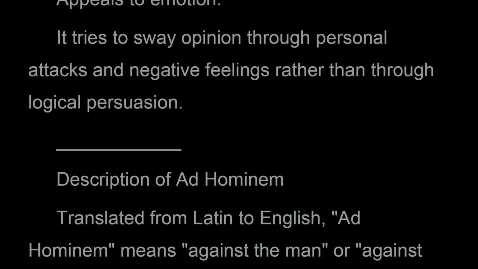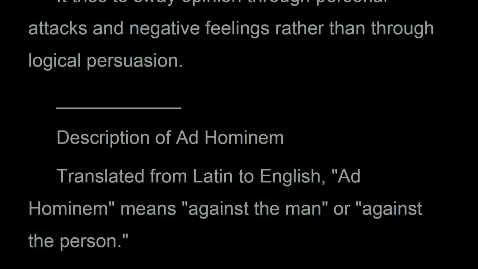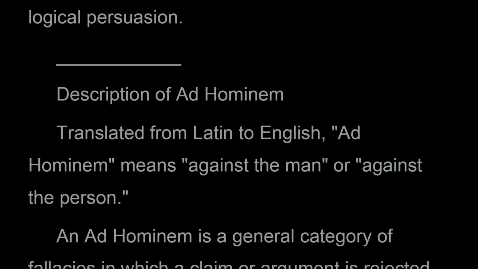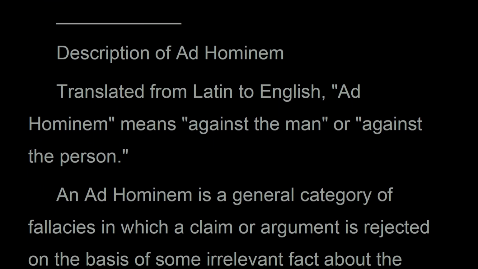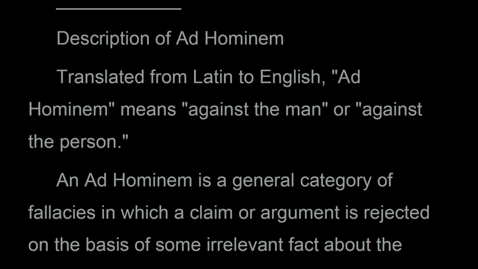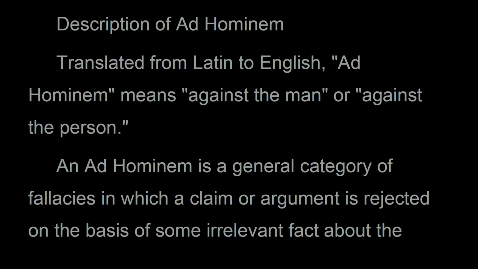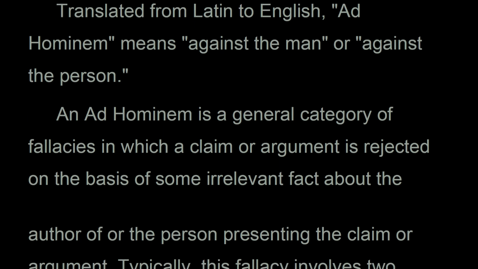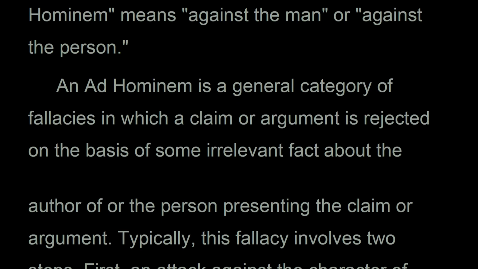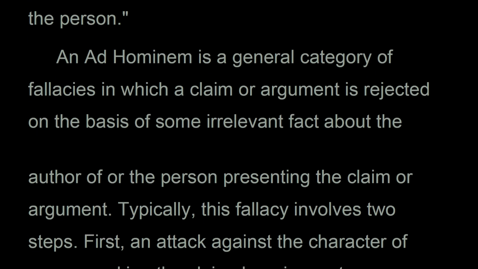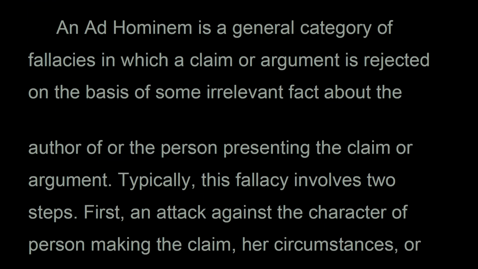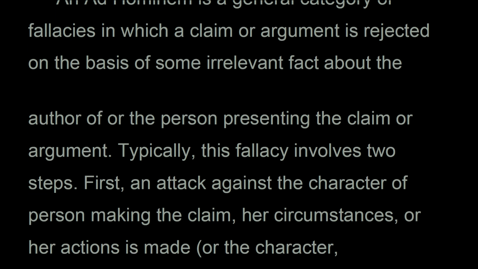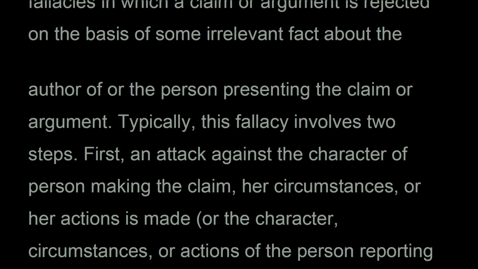Description of ad hominem. Translated from Latin to English, ad hominem means against the man or against the person. An ad hominem is a general category of fallacies in which a claim or argument is rejected on the basis of some irrelevant fact about the author of or the person presenting the claim or argument. Typically, this fallacy involves two steps.